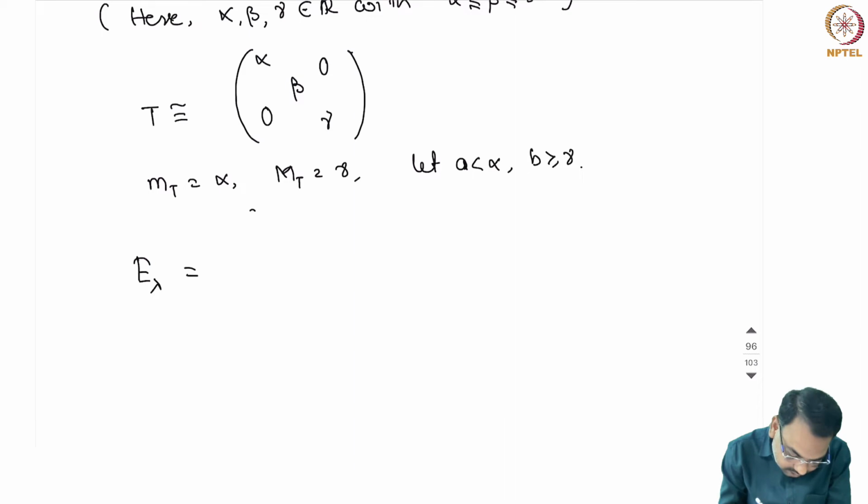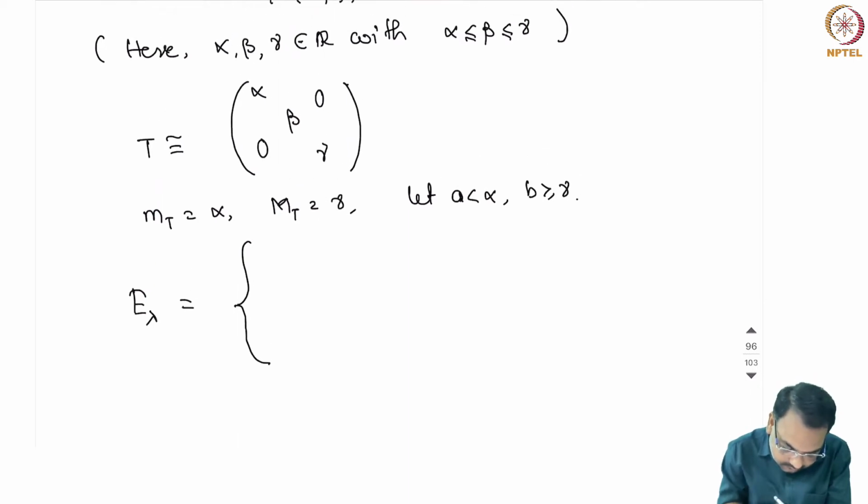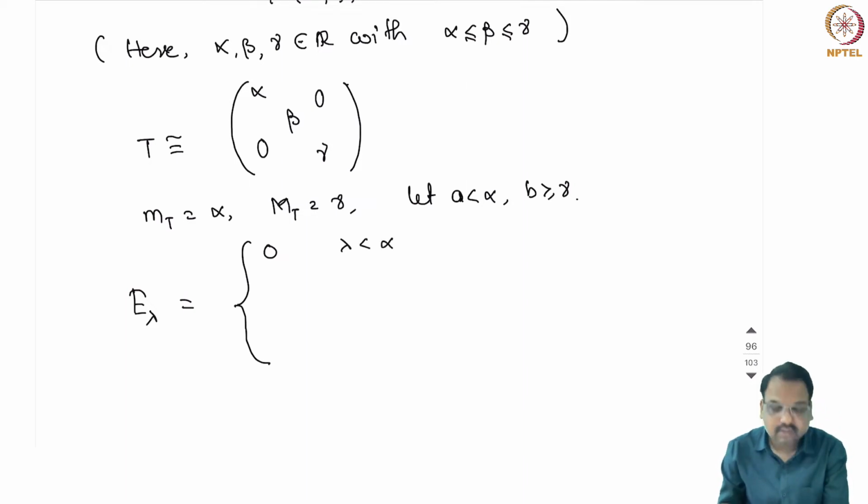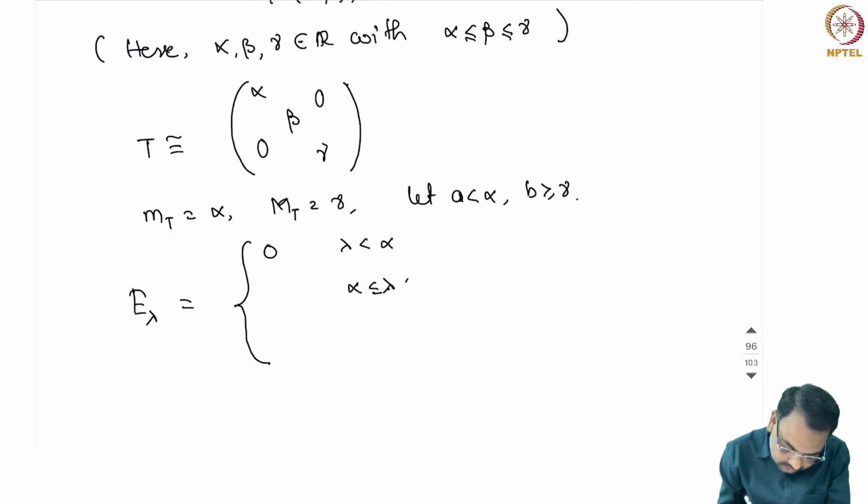So in this case, let us try to find what is E lambda. This is 0 when lambda is less than alpha. Now we want to see when lambda is between alpha and beta, so alpha less than lambda less than beta. Like the earlier case, it is the same P1 we will get, projection onto span E1.